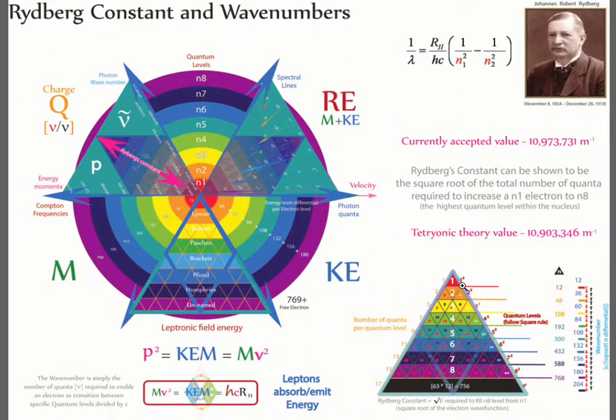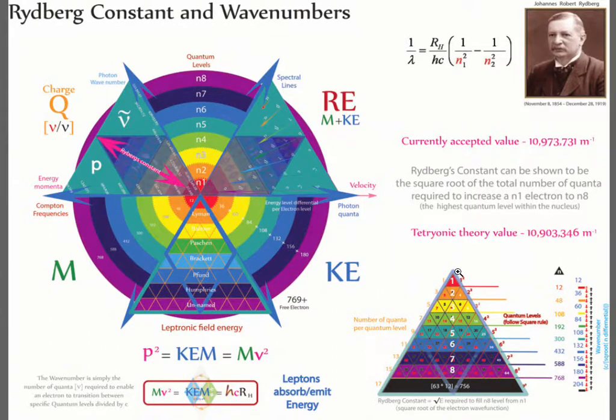Obviously in the transitions we only transition down to N1, we don't transition to 0. So in this case we have to get rid of 63 quanta, and there's 12 charged fascia for the matter. So we have to get rid of 756 quanta to transition from N8 to N1, and that's an exact number of quanta.